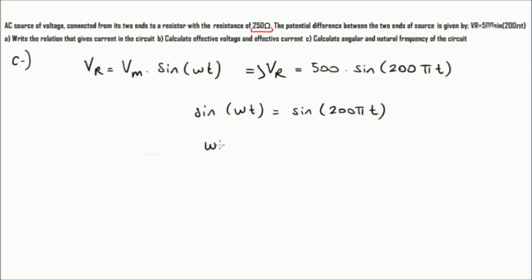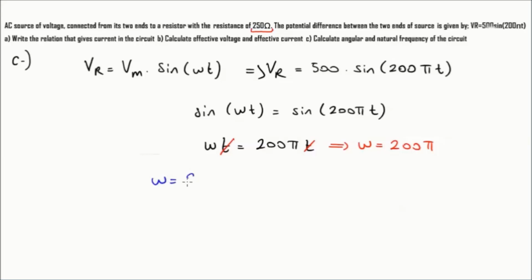It means omega t equals 200πt. T and t cancel each other. Omega equals 200π. This is the angular frequency, and let's calculate the natural frequency.